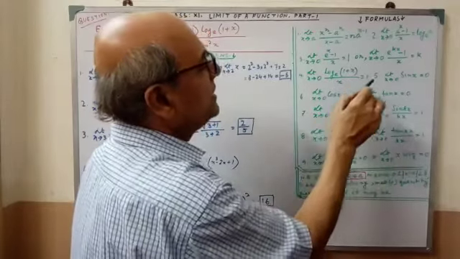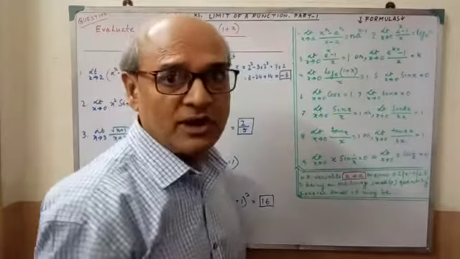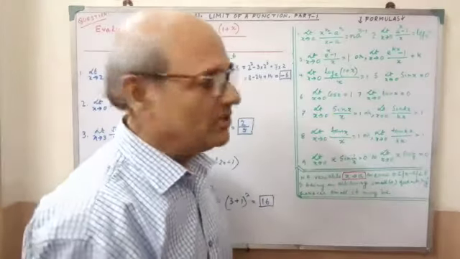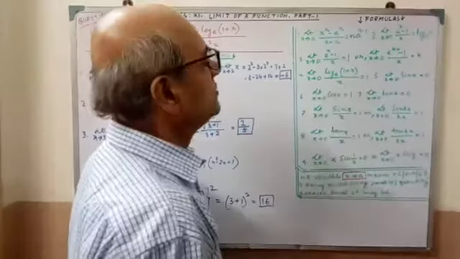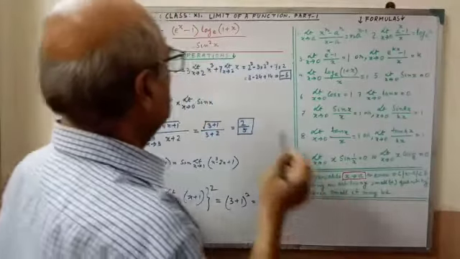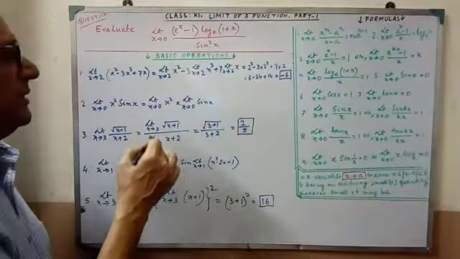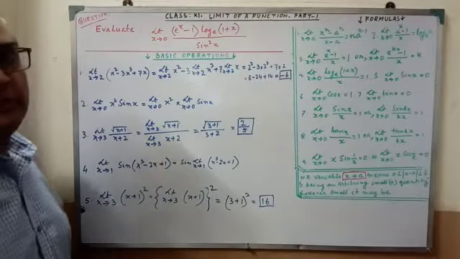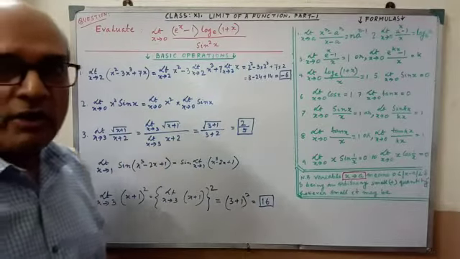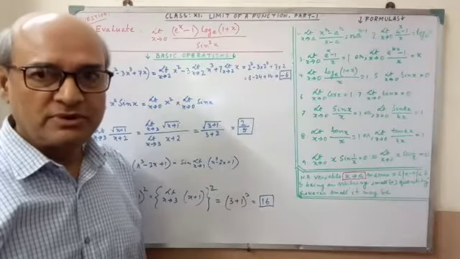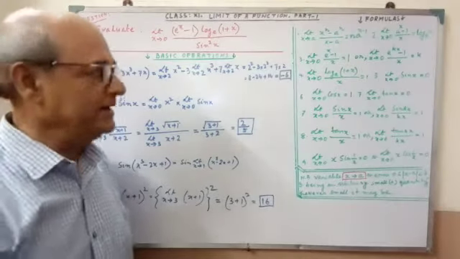This is why you have to follow the formula attentively. So on the basis of formula and the basic operation on limit, you have to learn, you have to notice attentively.